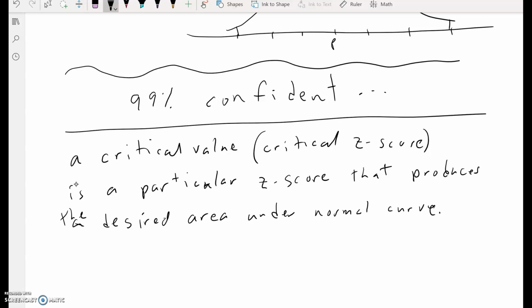And the reason for that is to get you a desired number of standard errors to multiply by.